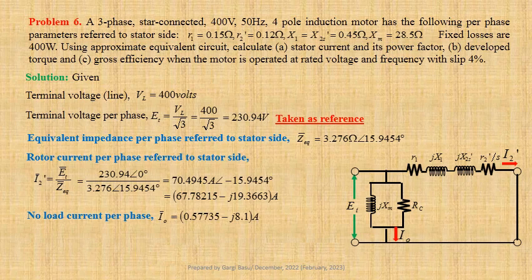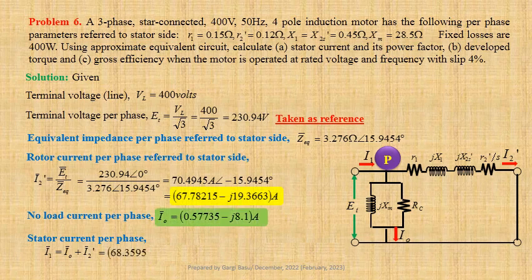Applying Kirchhoff's current law at node P, we get stator current per phase I1 equals I0 plus I2 dash. Using values, we get 68.3595 minus J times 27.4695 ampere.